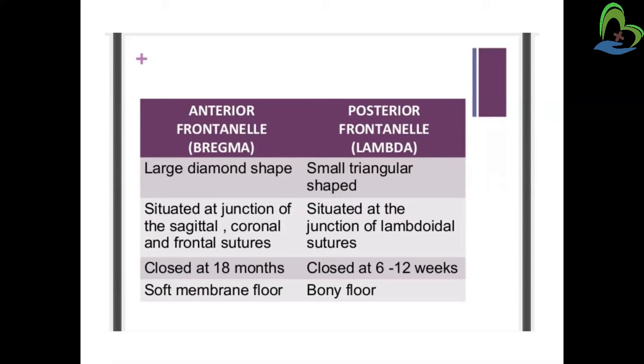Okay. And the anterior fontanelle is covered with a soft membranous floor, while the posterior fontanelle is covered with a bony floor. So these are the four main differences between the anterior and posterior fontanelle. Okay. So both are important for the protection of the fetal skull.